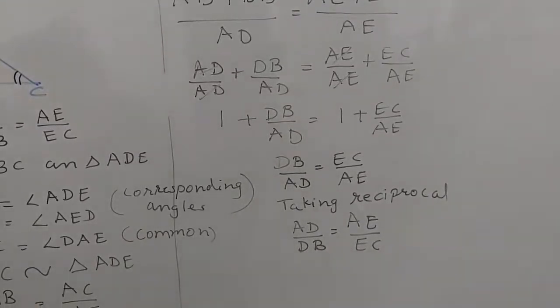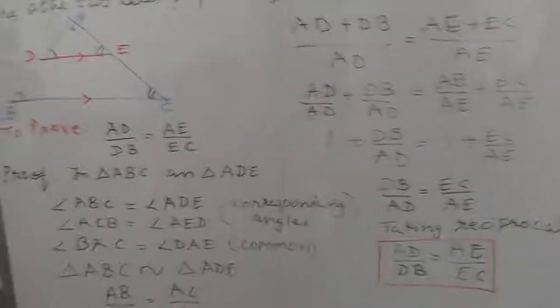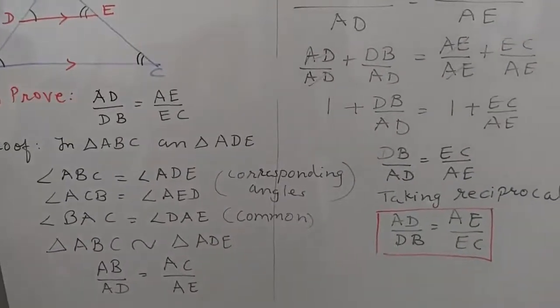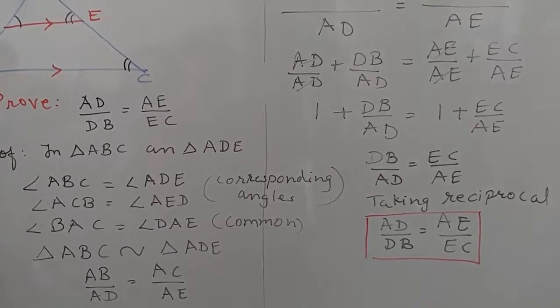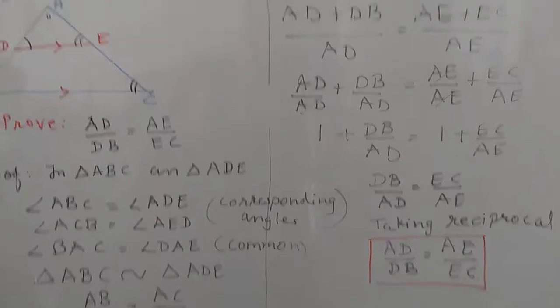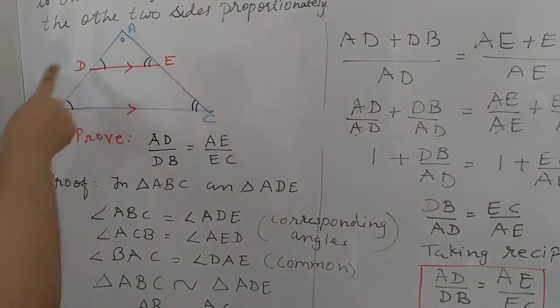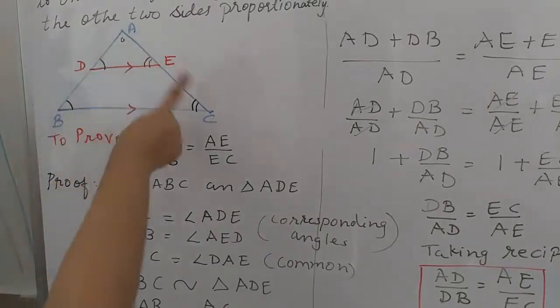You can see this is our to-prove part and what we have proved here. So the whole proof is completed. This result you have to remember. Whenever you are given a line parallel to one side of the triangle, then it divides the other two sides proportionally like this, AD upon DB and AE upon EC.